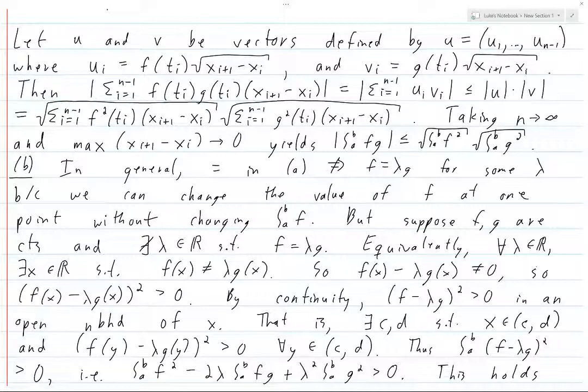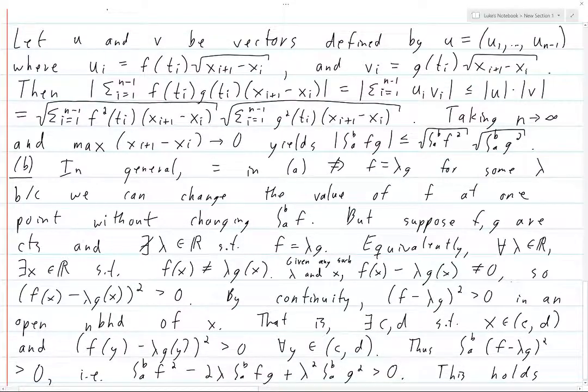Okay, so when I say equivalently, for all lambda in R, there exists an X such that this holds. So, given any such lambda and X, we get this inequality, and so everything follows.